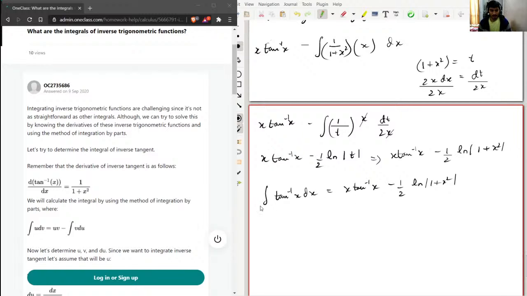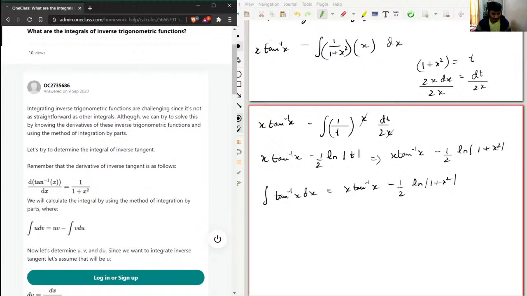So in this similar way, we can find the integrals of sine inverse, cosine inverse, cosecant, secant, and then cotangent also. So the final answers are going to be in terms of ln, right? I have a good practice with integration, so I know that this will happen.